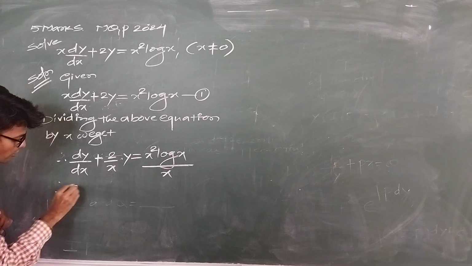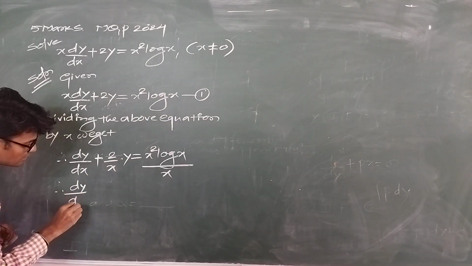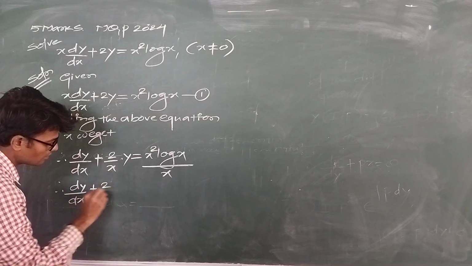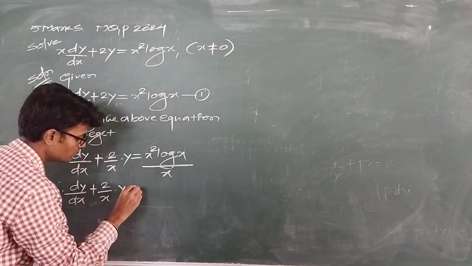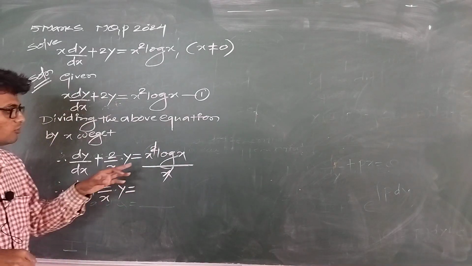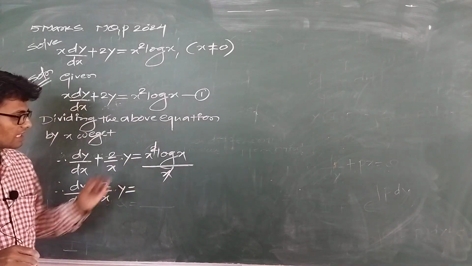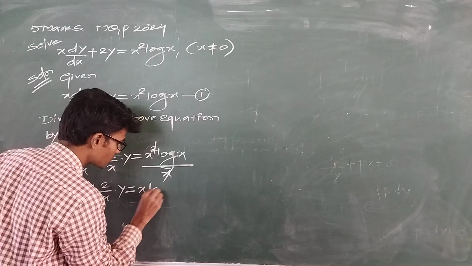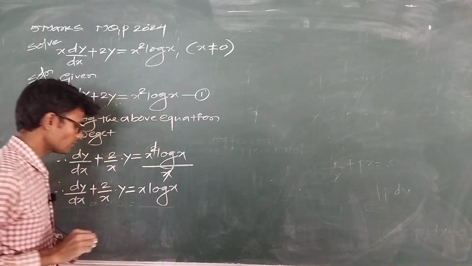So I will write dy by dx plus 2 by x into y is equal to, with x square divided by x cancelling to x, x into log x.